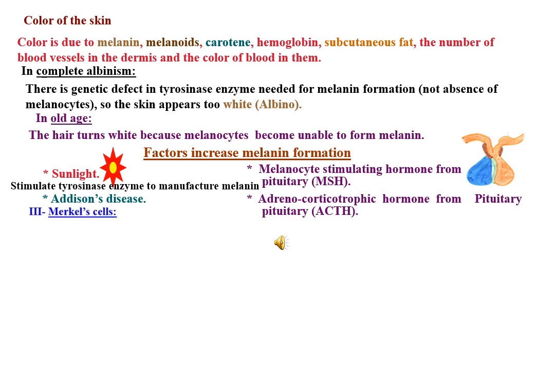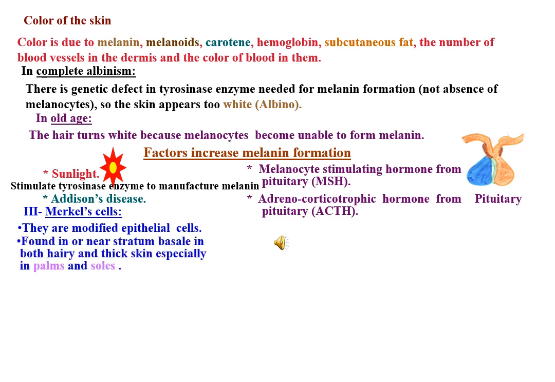Other cells besides keratinocytes are Merkel cells. They are modified epithelial cells found in or near the stratum basale, in both hairy and thick skin, especially in palms and soles.